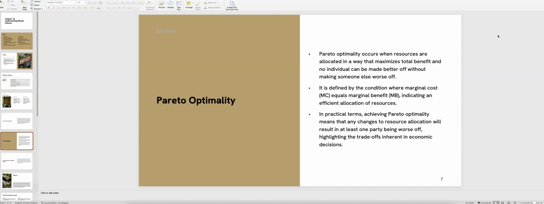You know you've done too much of something when the benefit to doing that activity is equal to the cost of doing that activity each additional time. The goal then is to reach this point of Pareto optimality. You know you've reached Pareto optimality when one party can't be made better off without making someone else worse off. That would be the point when there'd be no tendency for change, when you've reached that point of equilibrium.